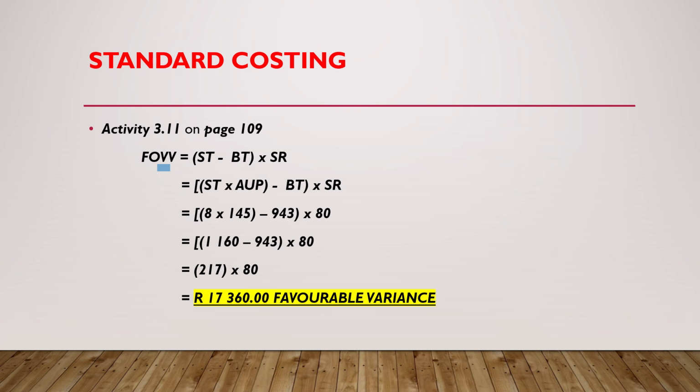Remember, we have two formulas there. The first one is standard time minus budgeted time, multiplied by standard rate. And the other one, let me write it: before, that is budgeted fixed overhead, minus 4, that is standard fixed overhead.